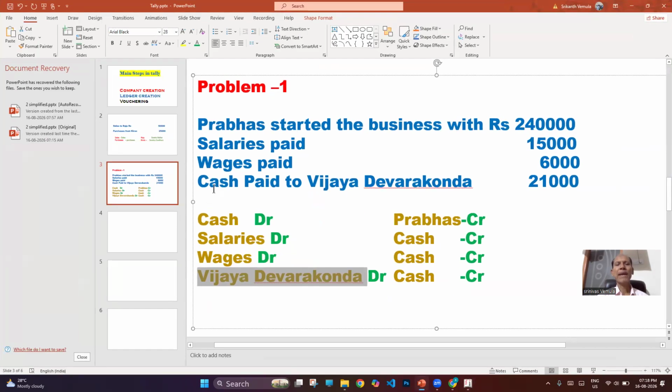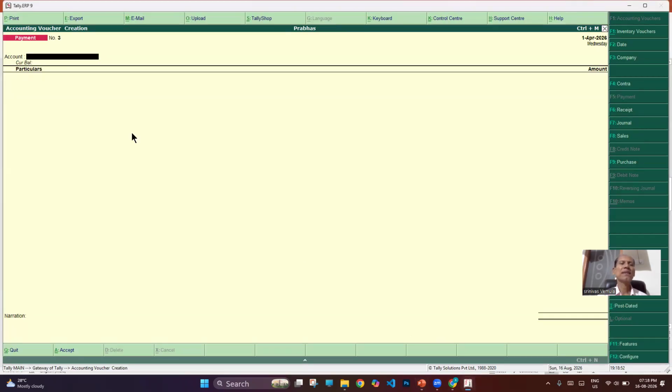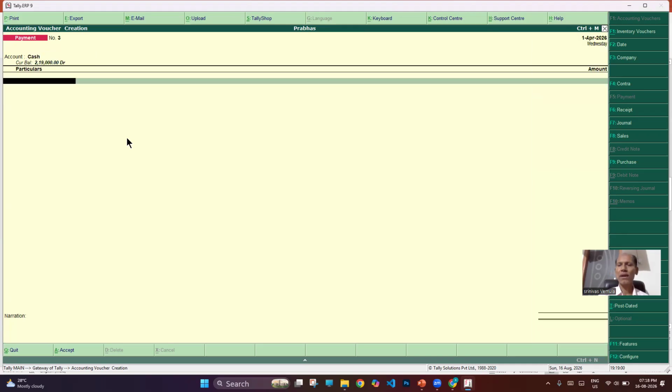Last one: cash paid to Vijay Devarakonda. So go to Tally. This is also a payment voucher. Cash paid to Vijay Devarakonda.